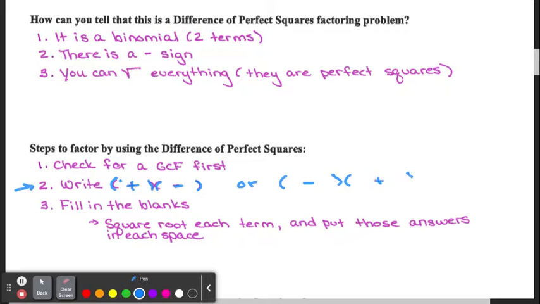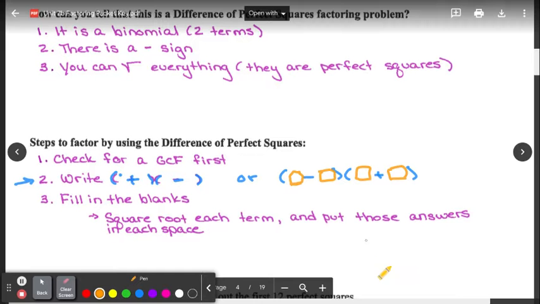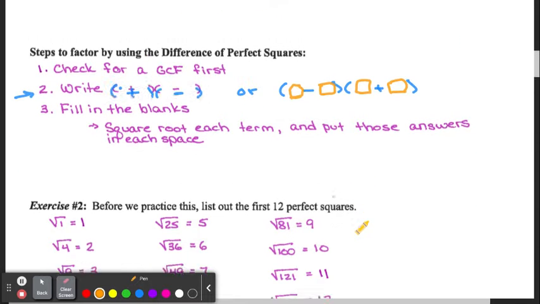They have to be different, okay? Either way is fine. And then we're going to fill in the blanks. So when you're factoring, here's a blank, here's a blank, okay? So there's 4 blank spaces. So what we're going to do is square root everything. The hardest part of this is knowing your perfect squares.